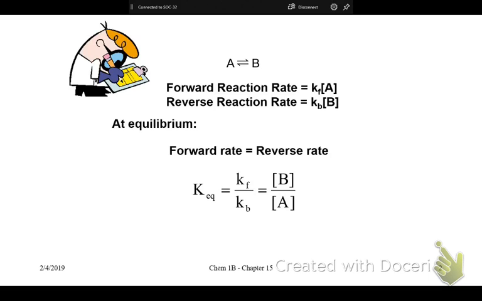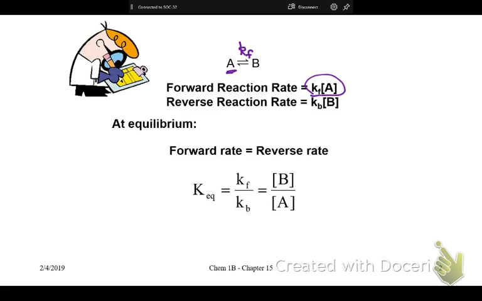If we have a reaction and it goes to equilibrium, remember when you're doing mechanisms, what you would say is that if the system goes to equilibrium, you have a forward rate of reaction and you have a reverse rate of reaction. The forward rate is just K of the forward rate times this concentration. So we're thinking K forward.